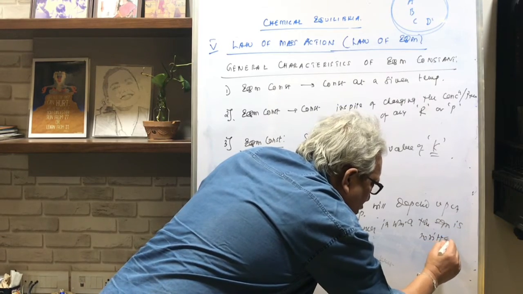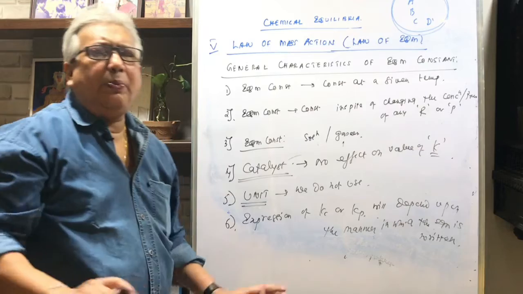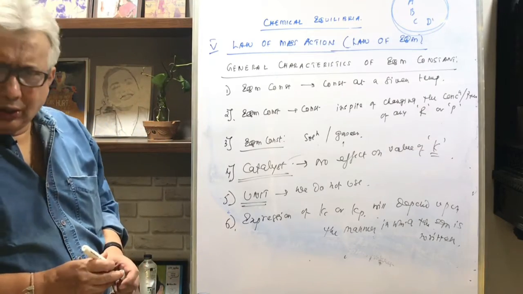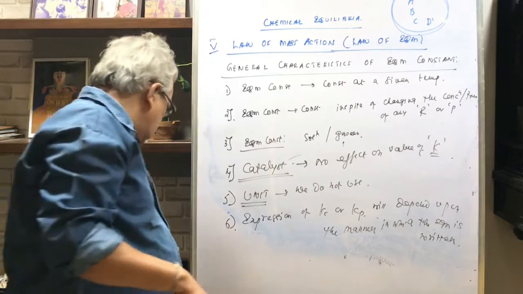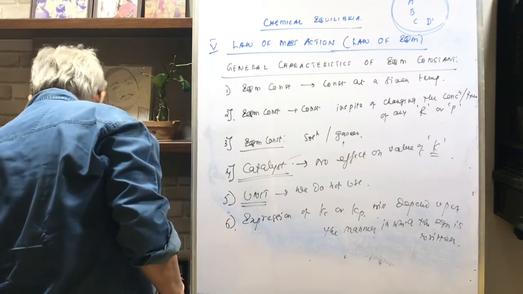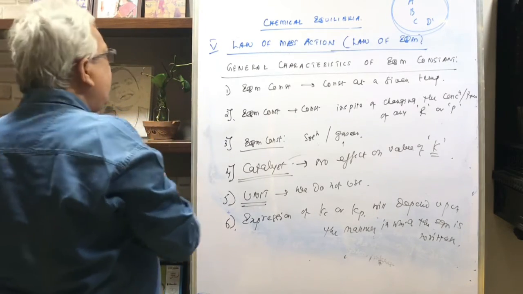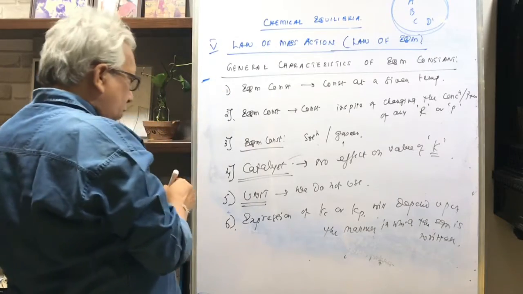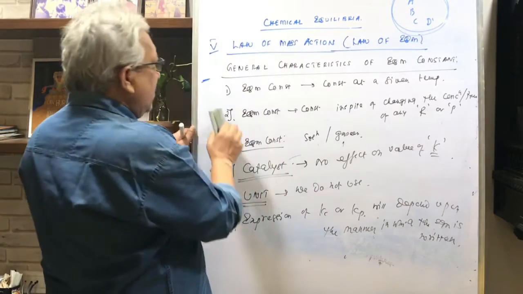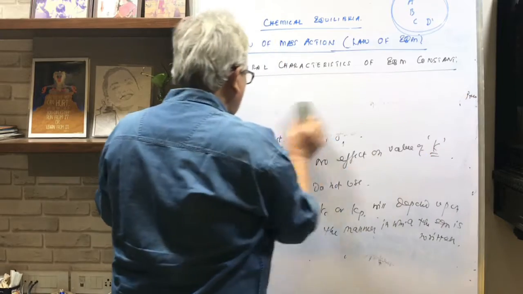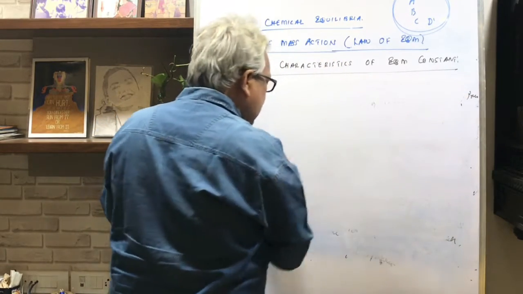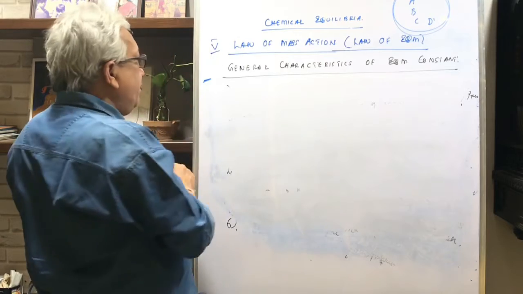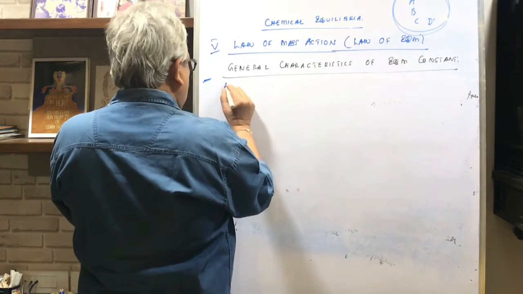Okay, the expression of Kc or Kp will totally depend upon the manner in which the equation is written. I will explain it with an example, then you will understand it better. So I'm rubbing this off so that for number 6 I can write the example. So just see this carefully. Number 6.